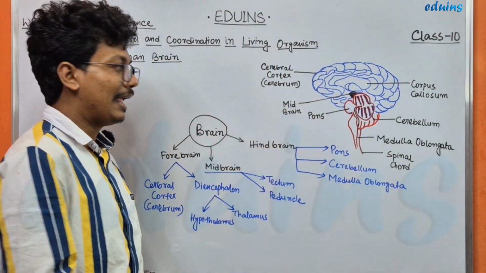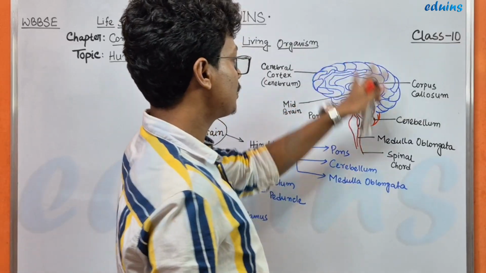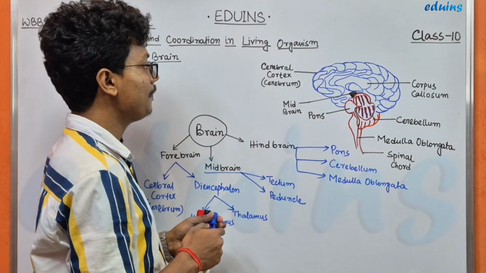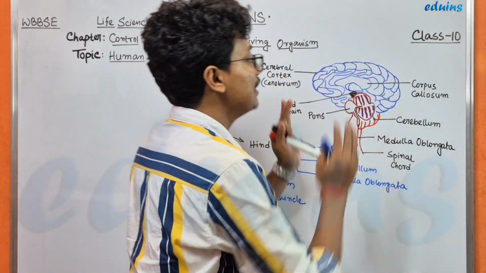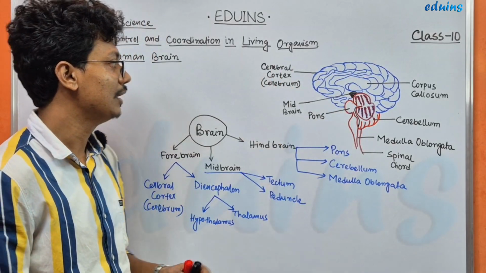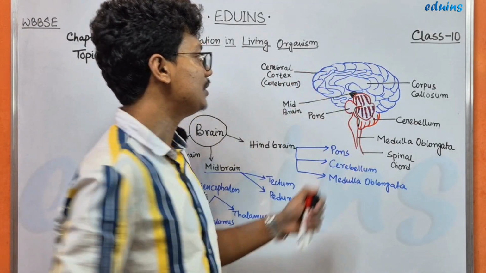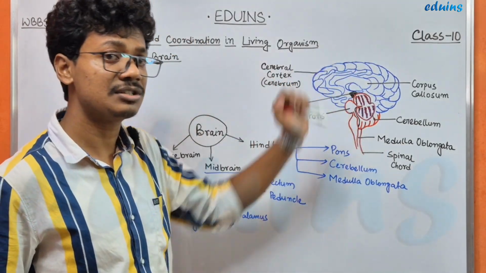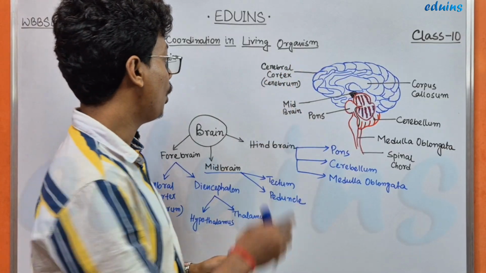So, this is the structure of a human brain, where the cerebral cortex is the largest part of the brain. About 80 to 90% of the brain consists of the cerebral cortex or cerebrum.